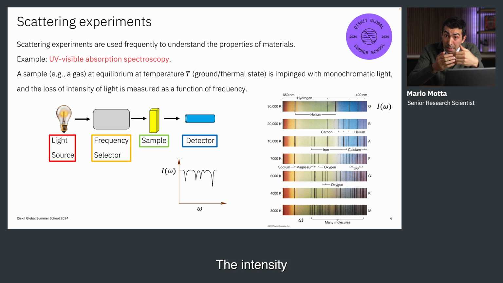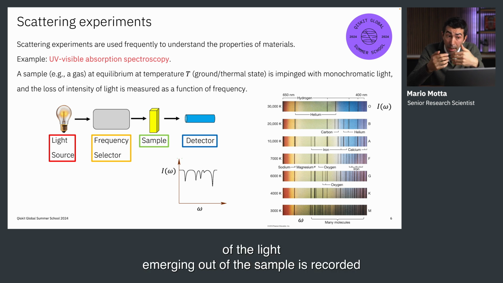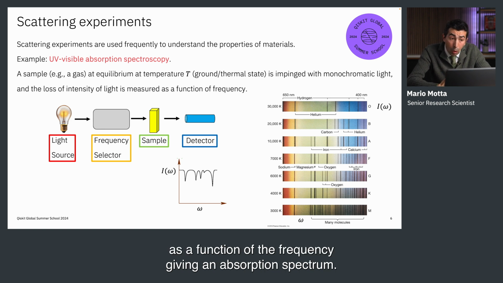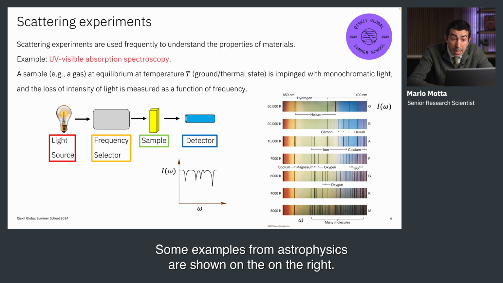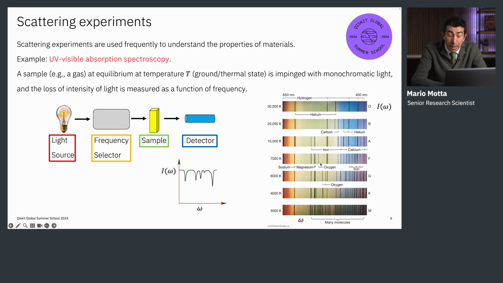The intensity of the light emerging out of the sample is recorded as a function of the frequency, giving us an absorption spectrum. Some examples from astrophysics are shown on the right.